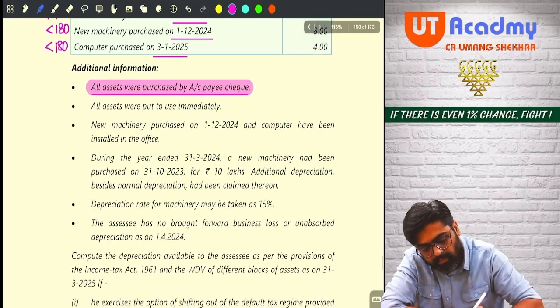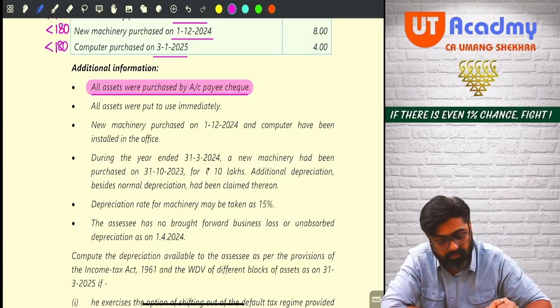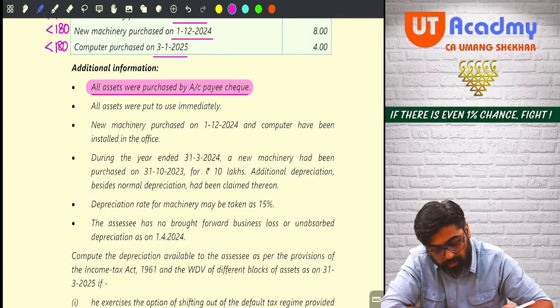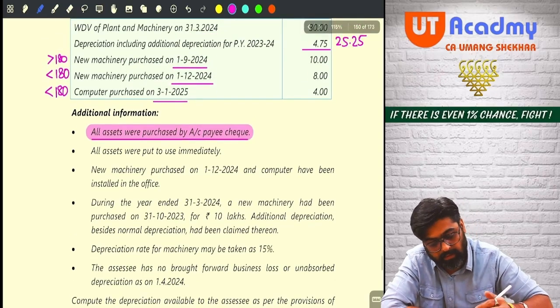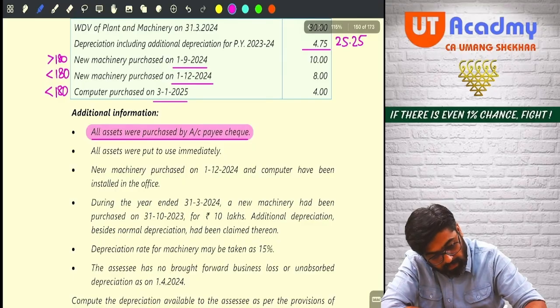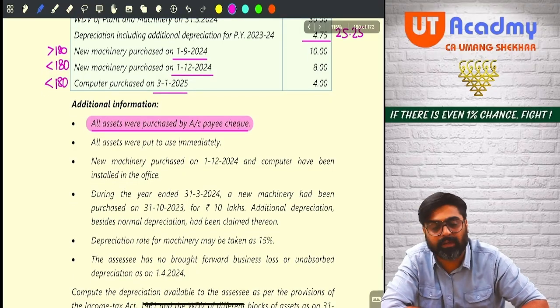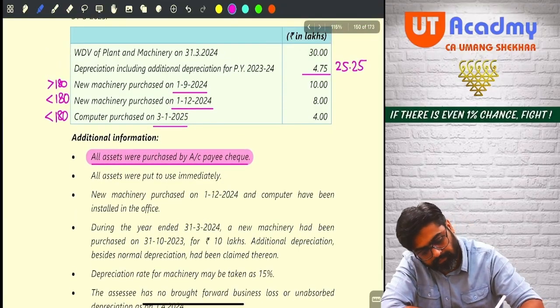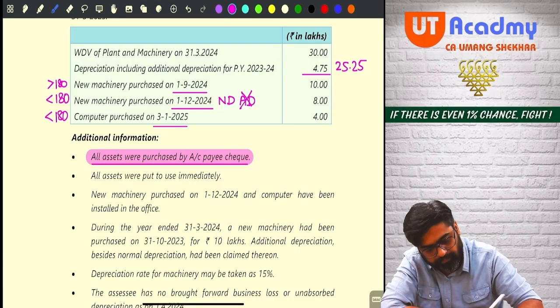Next one. New machinery purchased on 1st of December 2024 and computer have been installed in office. Wow, wonderful. This as well as this, both are installed in office, meaning that here normal depreciation will come, additional depreciation will not come.